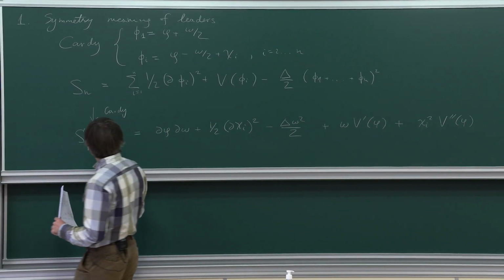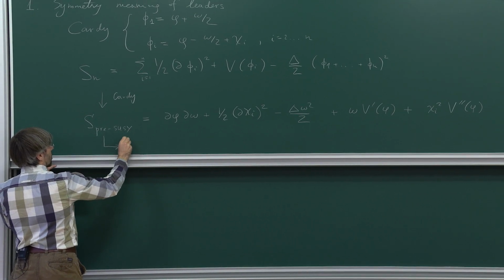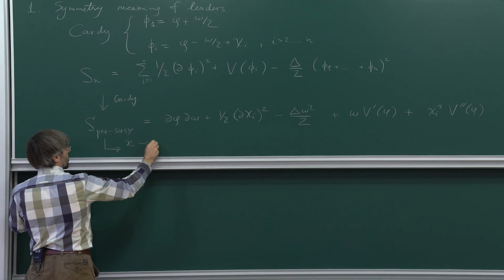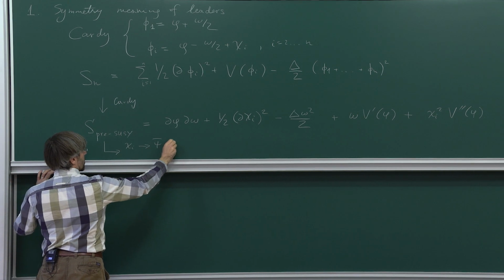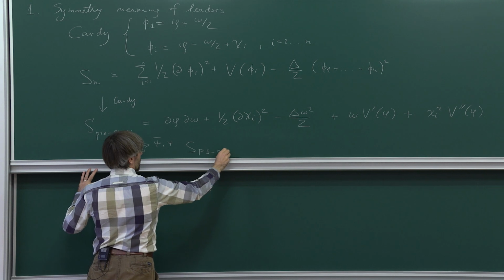And now if I take this pre-SUSY action and further make the replacement of chi's by the fermionic fields psi bar and psi, I land on the Parisi-Sourlas supersymmetric action.